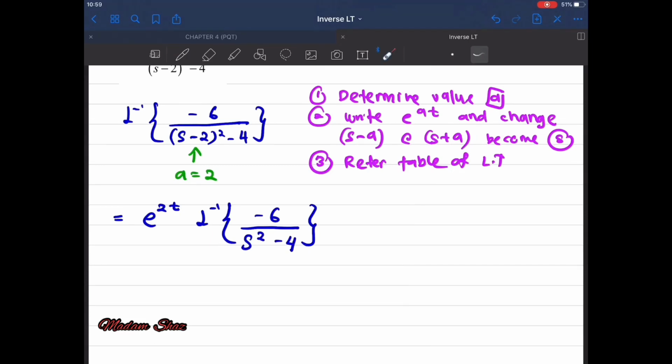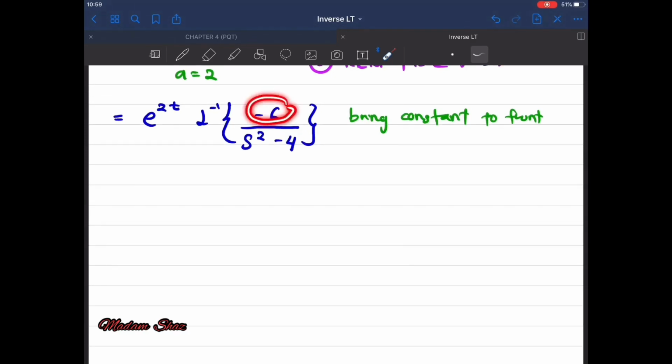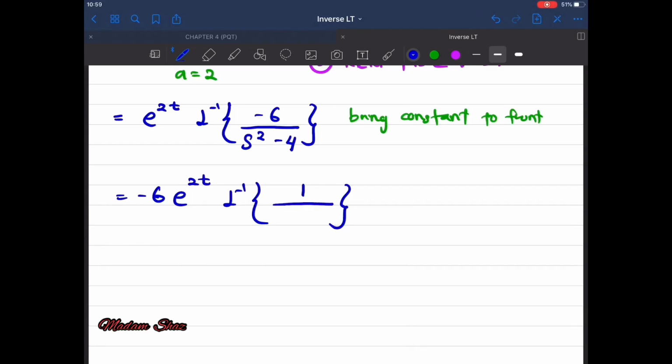So now, if you have any constant at the upper side, you have to bring it to the front. Actually from the beginning here, you can directly bring any constant to the front. So bring negative 6 to the front and it will become negative 6 e to the power of 2t Laplace inverse 1 over s squared minus 4.